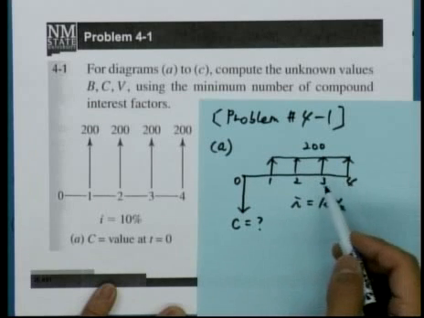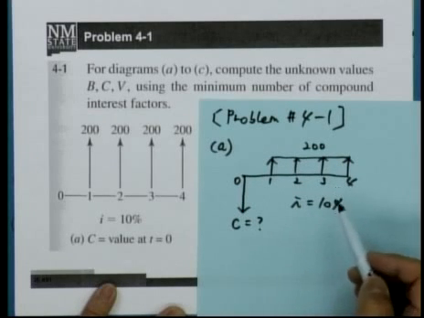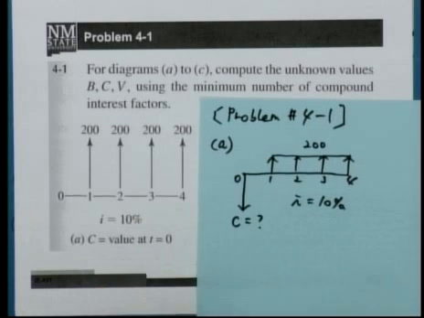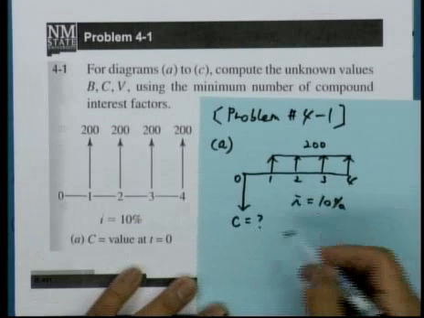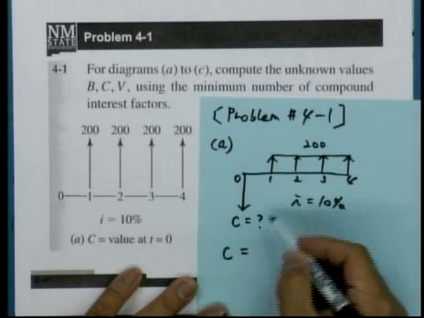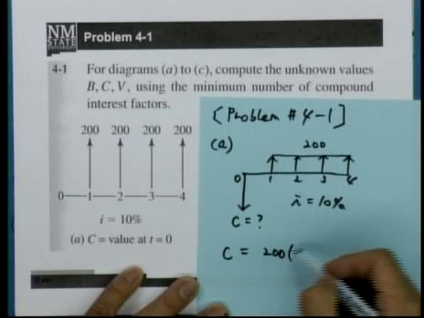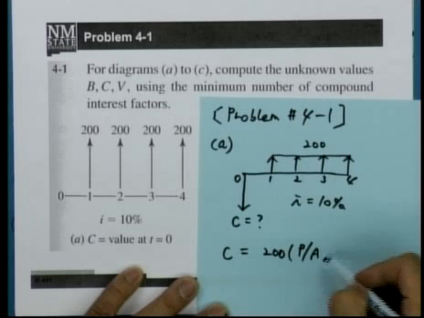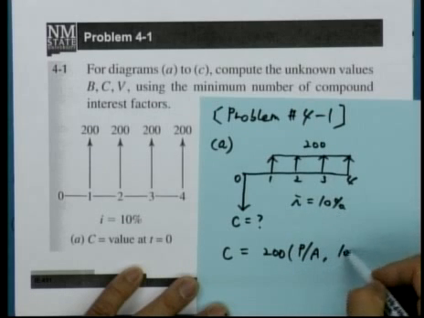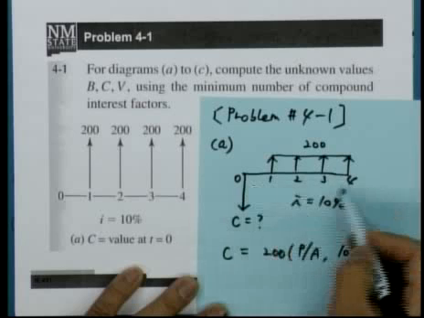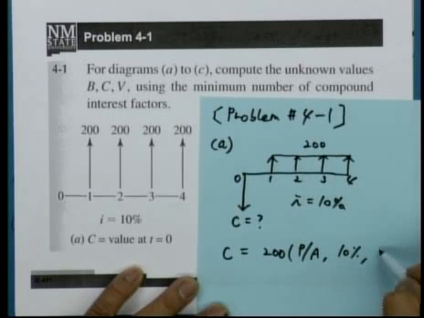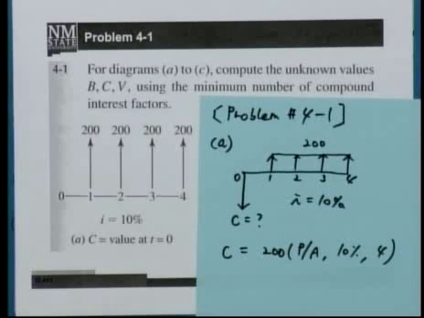So using the uniform series present worth formula, we may answer this question. So here C is equal to 200 times P given A, and 10% over how many periods? 4 periods, right?